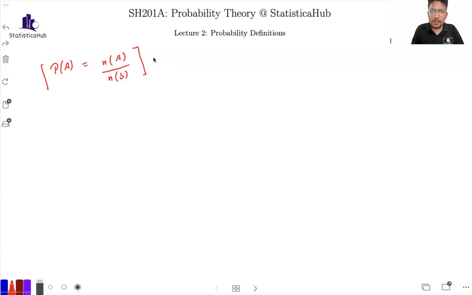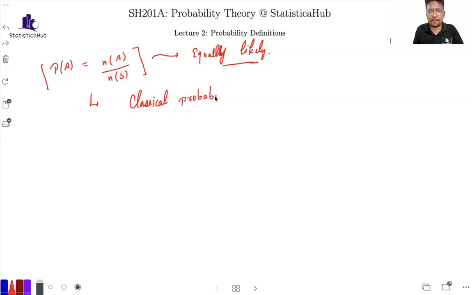This kind of probability that we defined considers one concept: the events are considered to be equally likely. This concept is taken up in classical probability. So what is the meaning of classical probability?